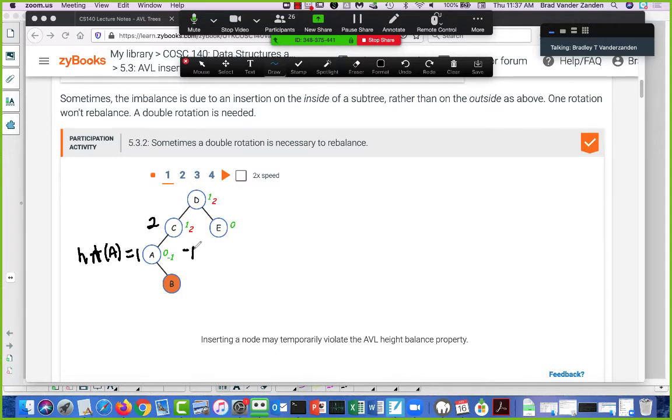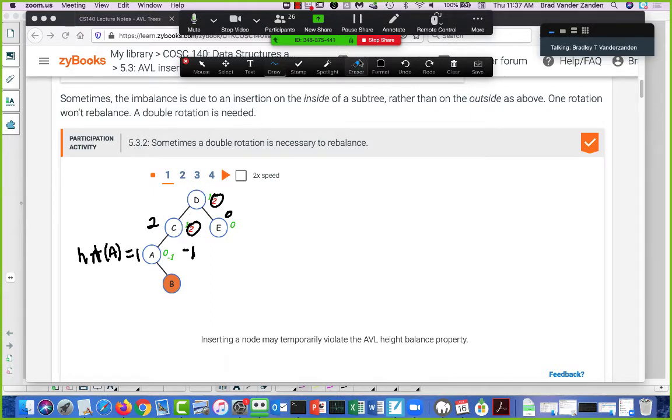I'm sorry, is -1. So the heights differ by 2, making the balance factor a 2 here. And this balance factor is also 2 because the height here is 2, and the height in the right subtree is 0. And so the imbalance is 2.